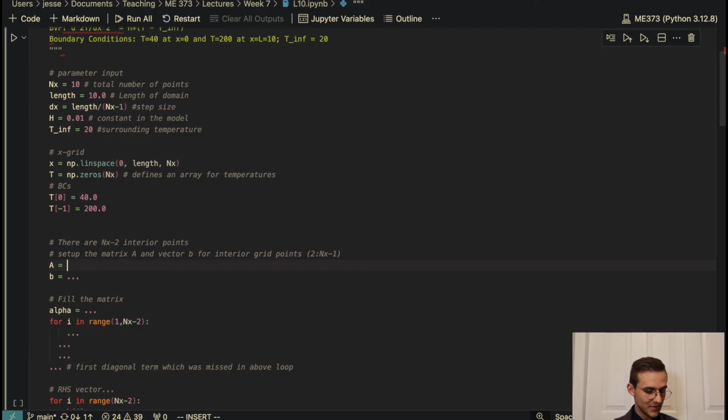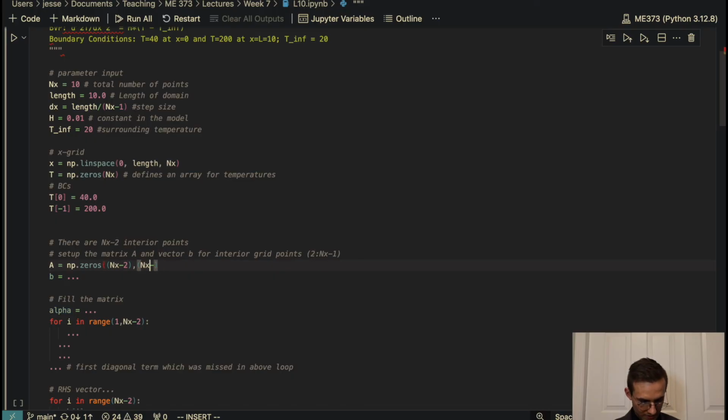Now we need to set up the system matrix, and the way we'll do that is we'll initialize it as a matrix of zeros, and then we'll go through with a loop and populate it with the correct values. But the way we've defined nx here, the number of interior points is just nx minus 2.